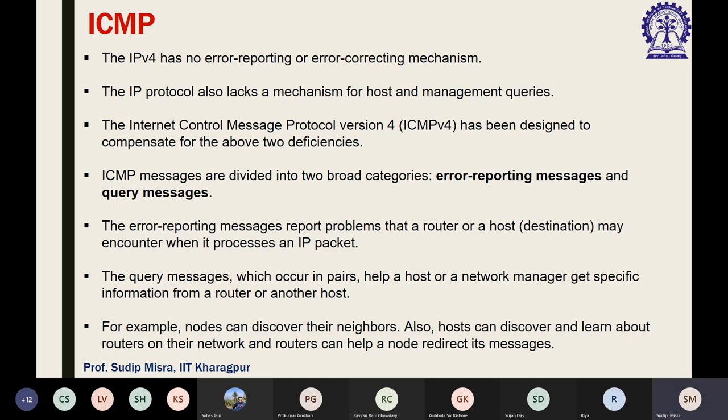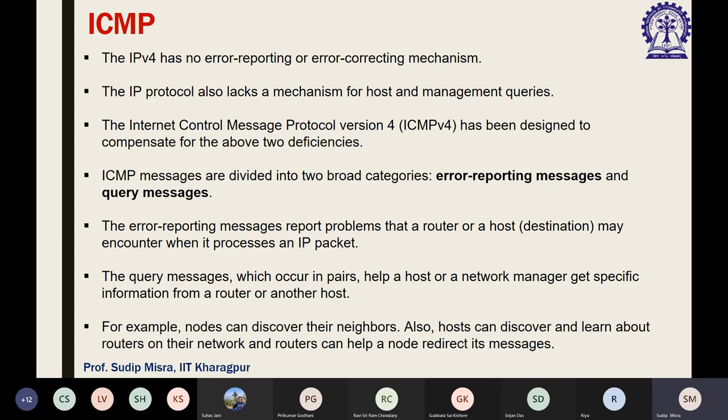The query messages can help the host or the network manager get specific information from a router or another host. So it can query whether it is alive or not, or whether it is reachable or not.